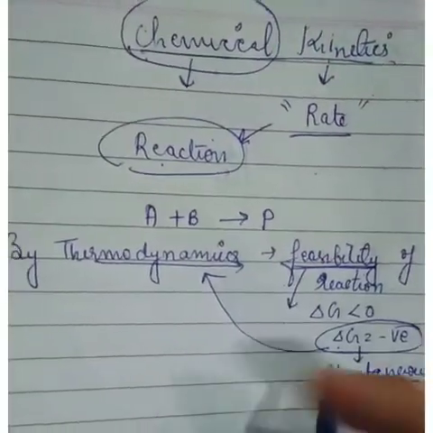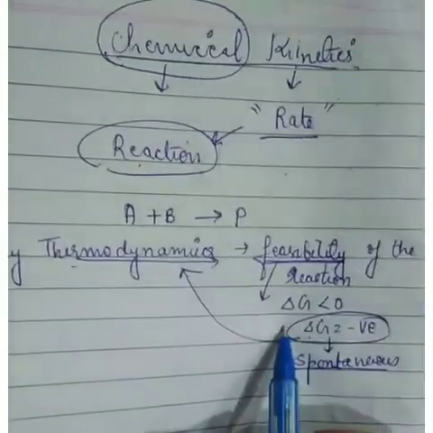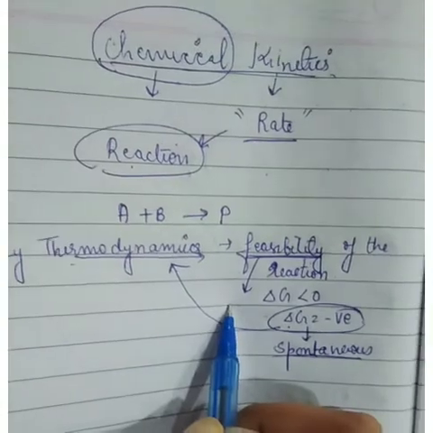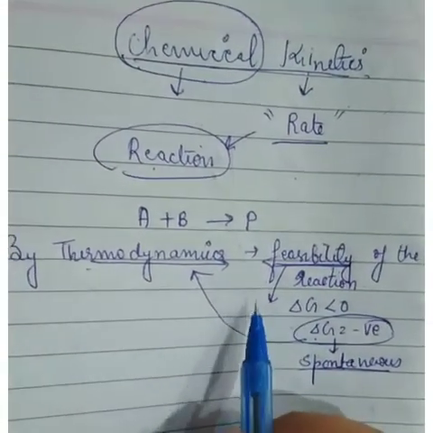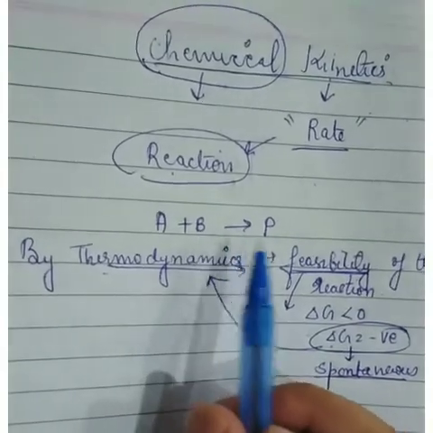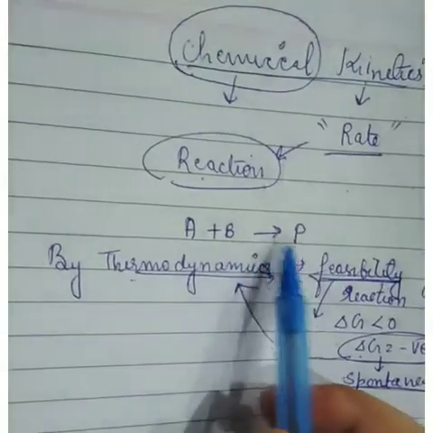This much knowledge we gained about thermodynamics, that it tells whether this reaction is going to happen or not. But the major problem is that we can't identify the rate of the reaction, that is, in how much time this reaction is going to happen.